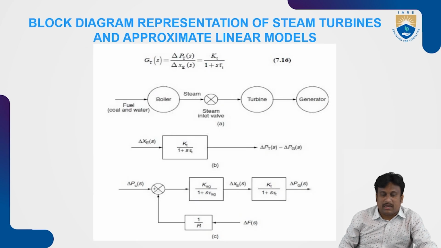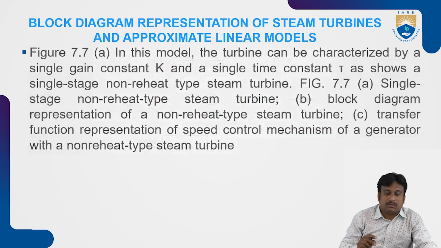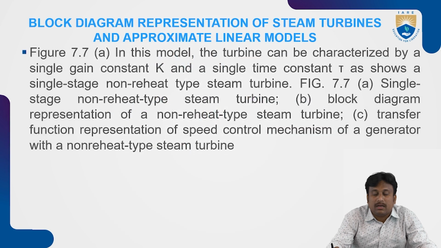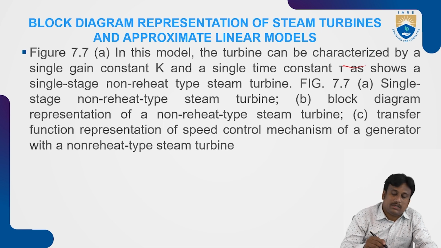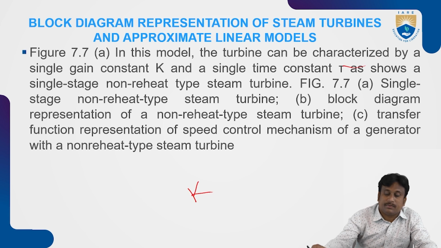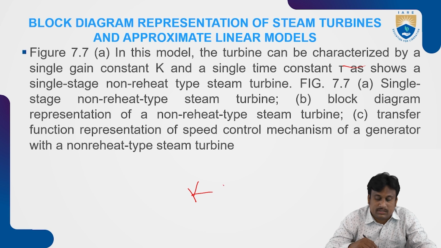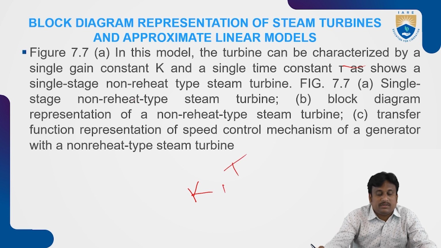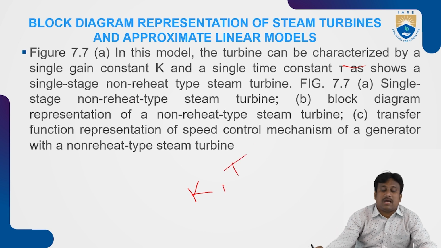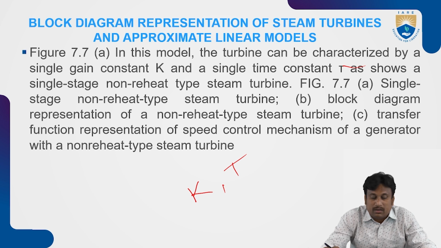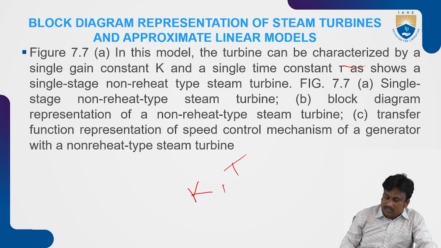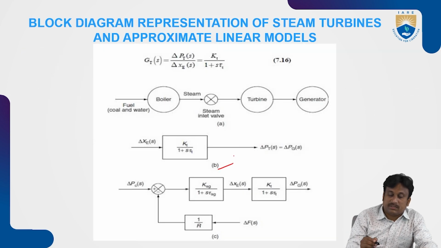Here we can see the block diagram model in the first case, block A. In this model the turbine is characterized by a single gain constant, capital K, and a single time constant, capital T. This is the single stage non-reheat type steam turbine, and it is represented this way in the second block.